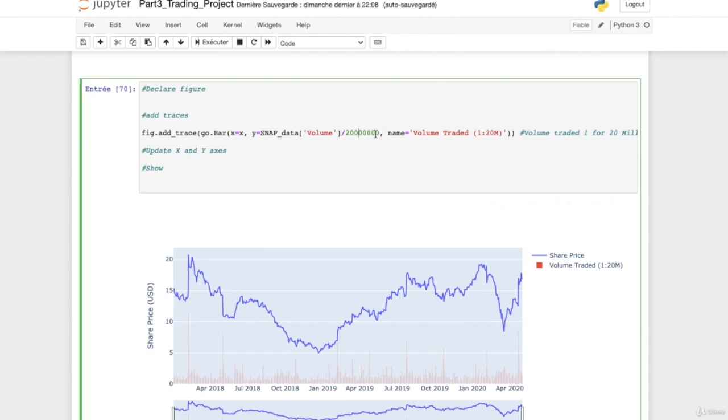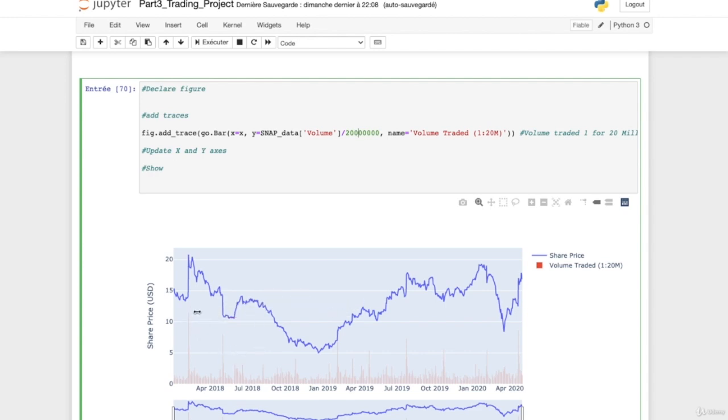Visually, I believe that the volume traded, if you divide it by 20 million, you must have something which is nice, but if you want to divide it by 40 million, that will be fine as well. We'll have the share price on the x-axis and the volume, which means, for instance, here we have 11.61, the volume traded will be 11.61 times 20 million.